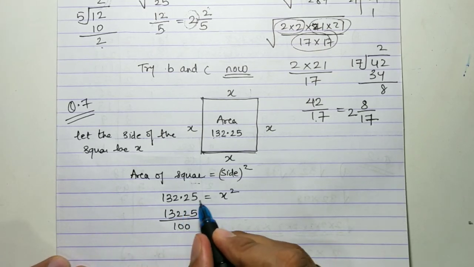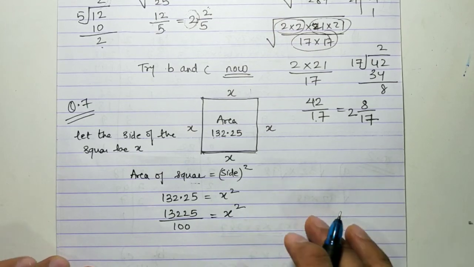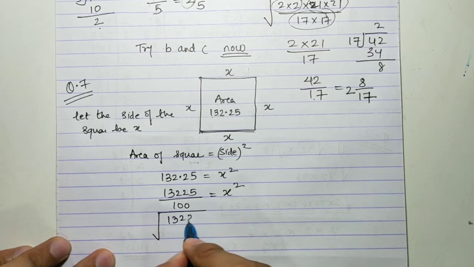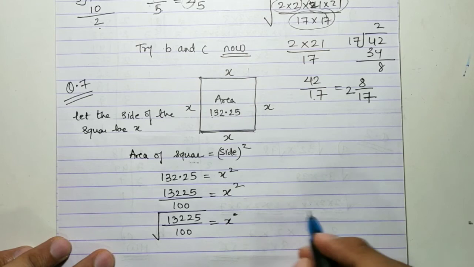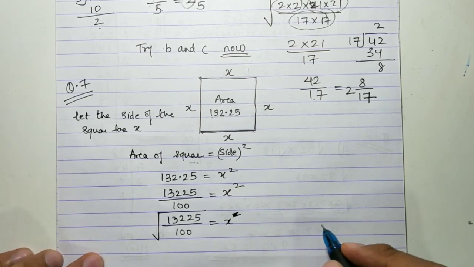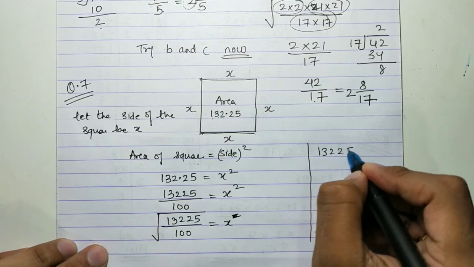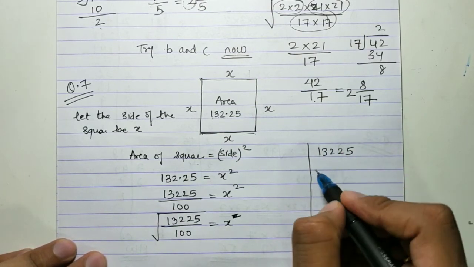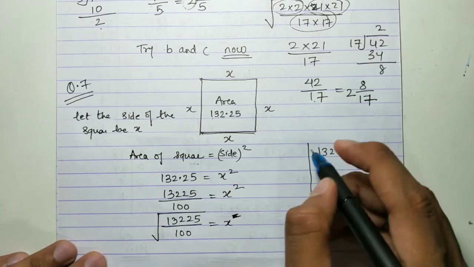There is a decimal point before two numbers, so 100 will come below. Okay. Now you take the square root of these. 132.25 is equal to x. Okay, how to take the square root? By prime factorization. Okay, do this prime factorization. This is not divisible by 3. Directly start by 5.